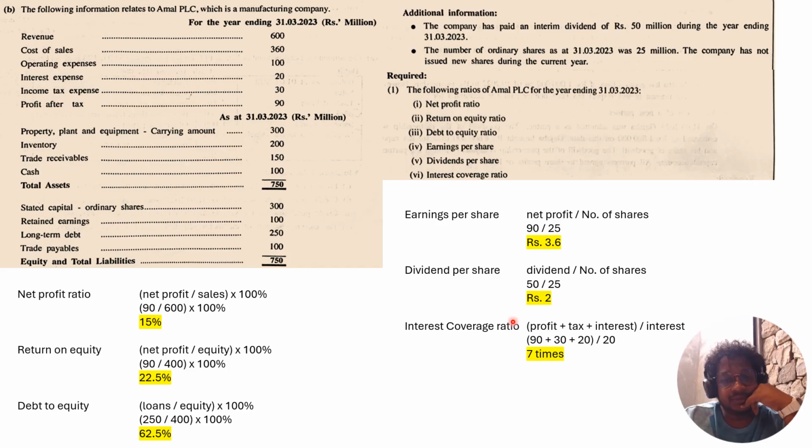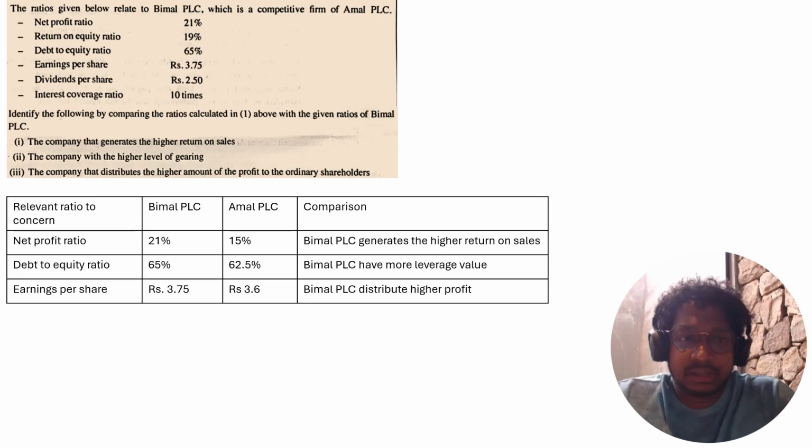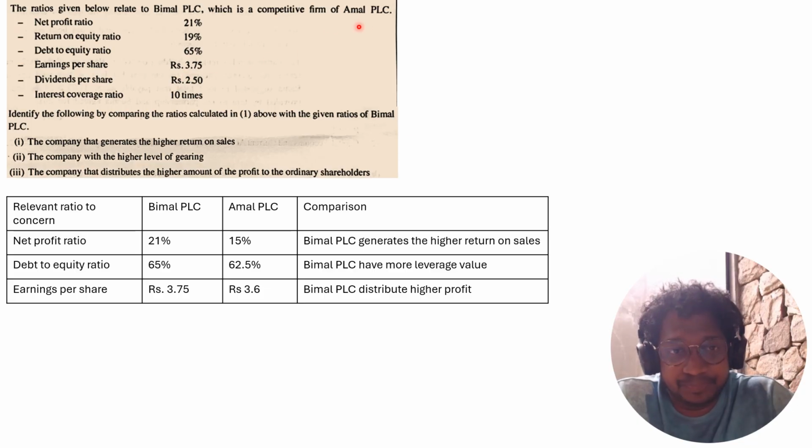And interest coverage ratio, profit plus tax plus interest divided by interest. Your profit 90, tax 30, interest 20, divided by interest 20, gives 7 times. So which means you can pay your interest from your profit 7 times. Lastly, they ask for the comparison. Here the information is given related to Bimal PLC, so you have to compare it with the company that we discussed, Amal PLC.